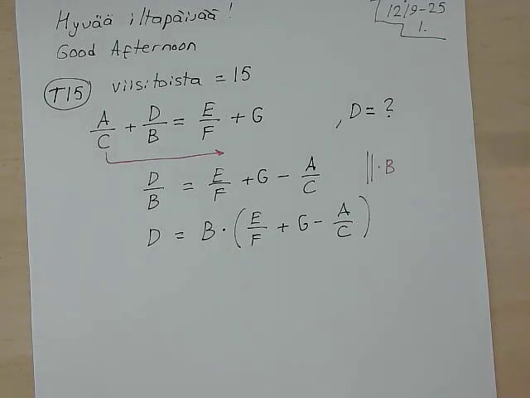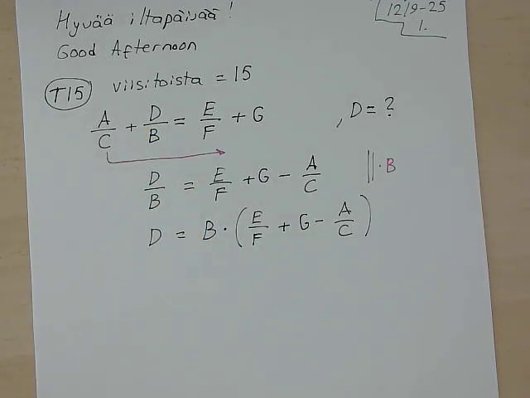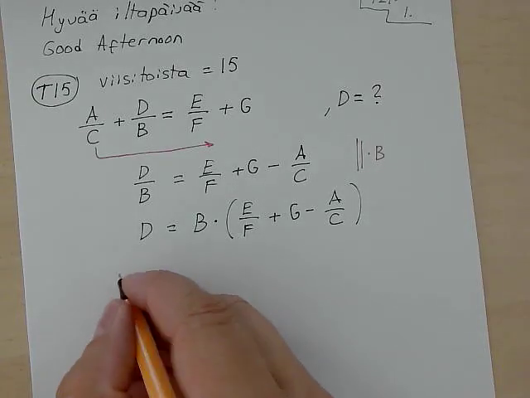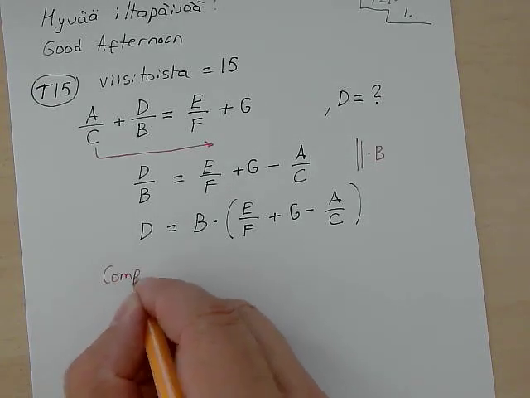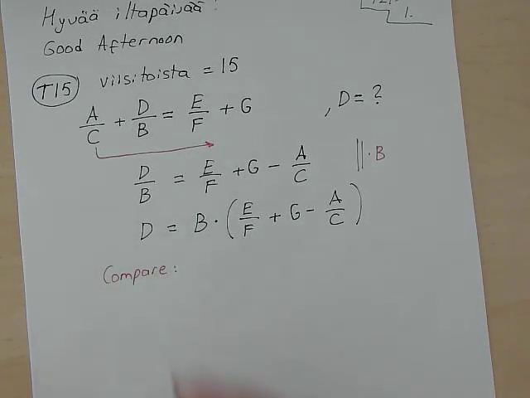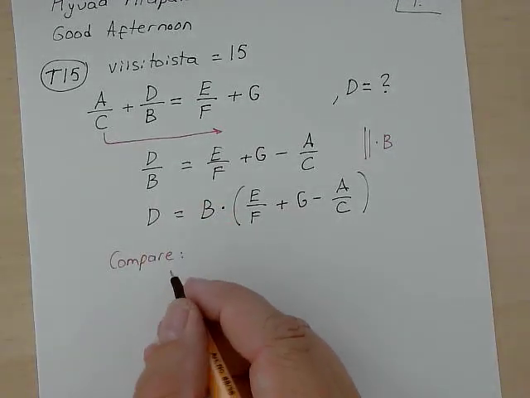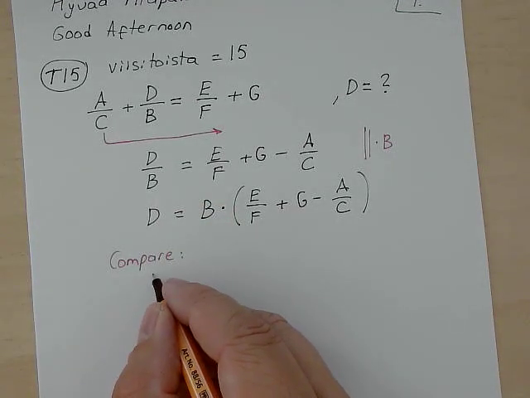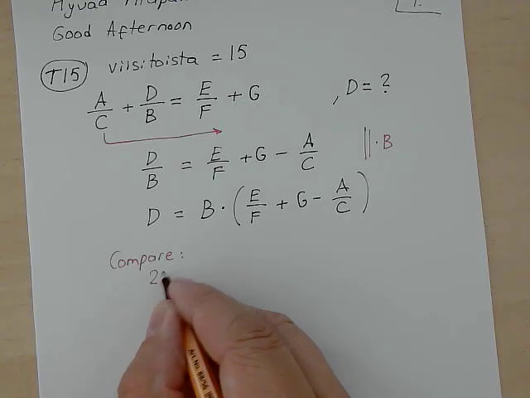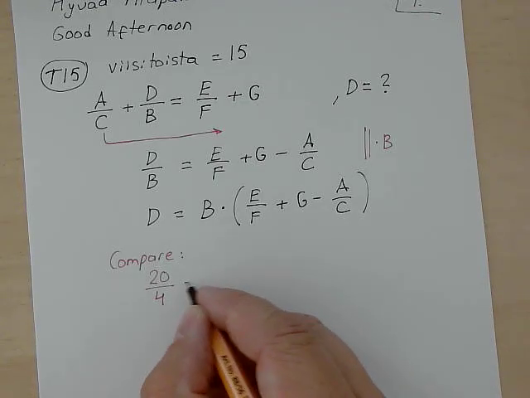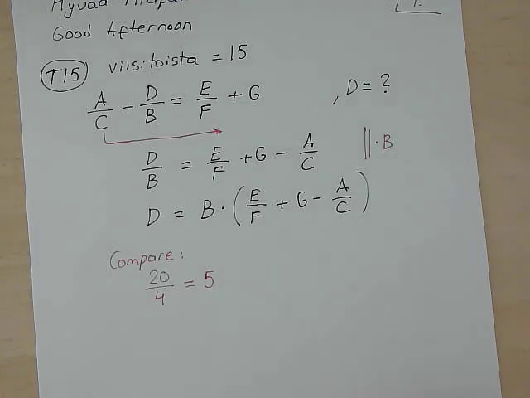If you are not sure what to do, whether you should multiply or divide, and if you have to divide, which will be divided by which part of this equation, it is also helpful to compare with easy numbers. For example, I'll take 20 divided by 4 equals 5.